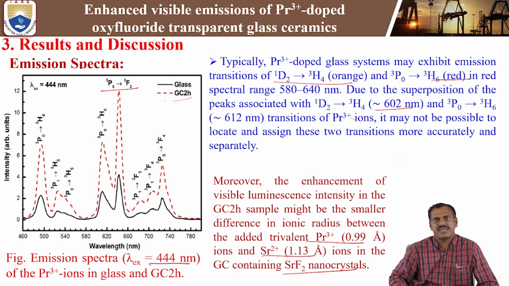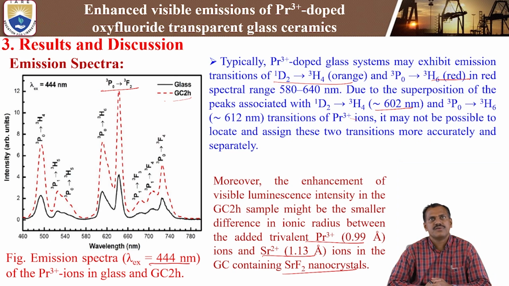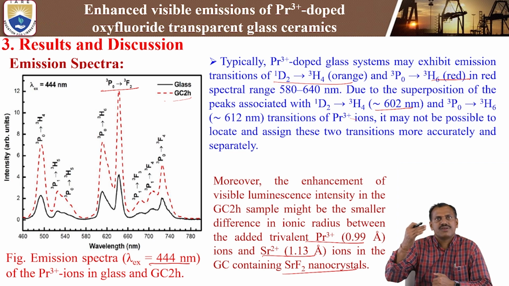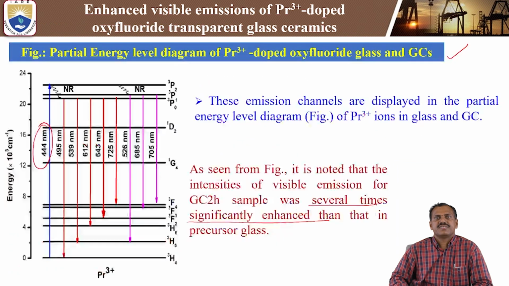That is mainly due to the incorporation of strontium fluoride nanocrystals into the glass matrix. That is why the phonon energy decreases from oxyfluoride glass to glass ceramics, from 900 centimeters inverse to 300 centimeters inverse. That is why the enhancement takes place from glass to glass ceramics. So this is the partial energy level diagram of the praseodymium 3 plus doped oxyfluoride transparent glass.